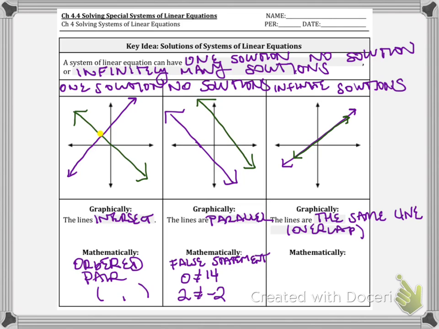Mathematically, you would get a true statement. If you solve for it mathematically, algebraically, however you want to call it, you get a true statement, also known as an identity.